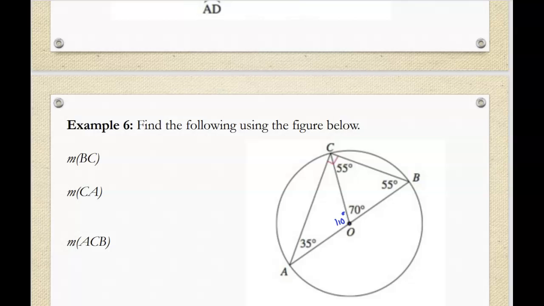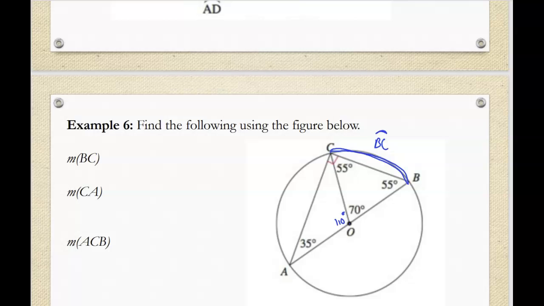So if I go from B to C, and let's just say I'm doing this one, and I say that this is arc BC, okay, then this would be 70 degrees.